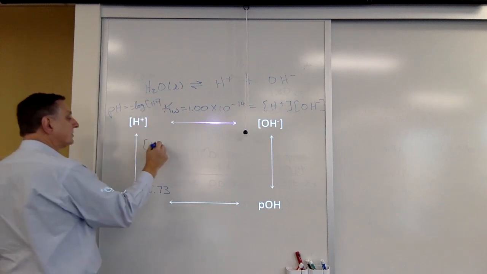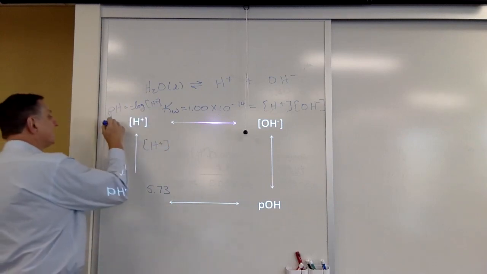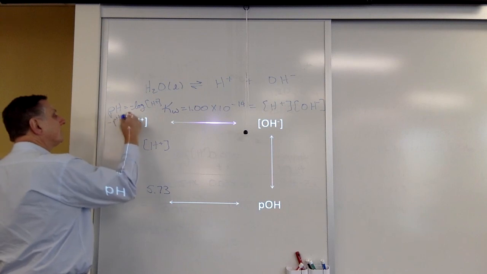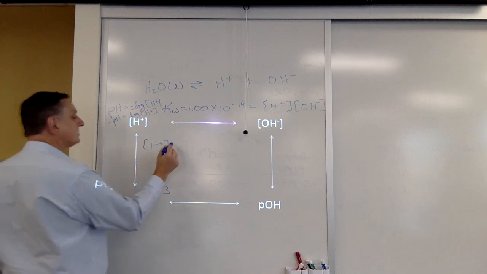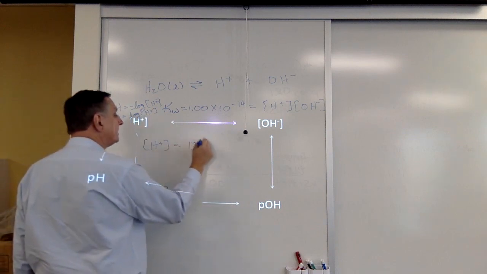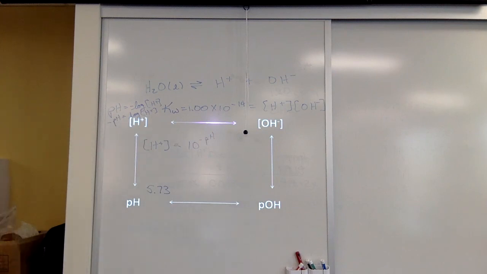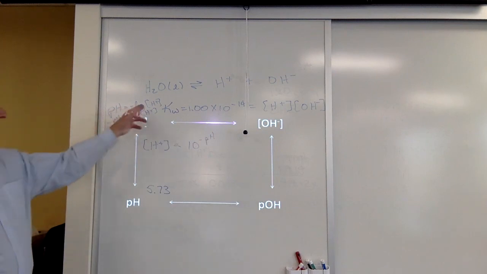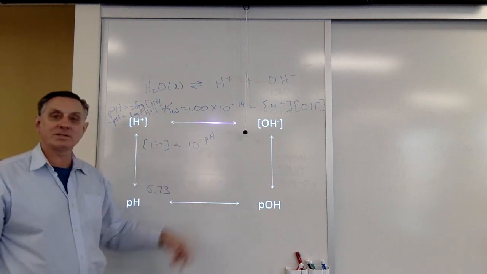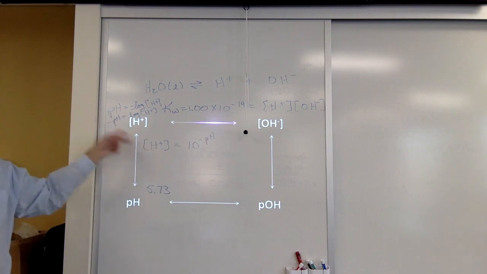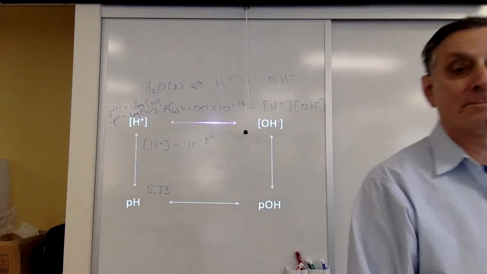Therefore, if I just solve this equation, I see negative pH is equal to log of H plus concentration. Hydrogen ion concentration is equal to 10 to the minus pH. The pH equals negative log of hydrogen ion concentration. Hydrogen ion concentration is equal to 10 to the minus pH. These are how we interconvert between them.